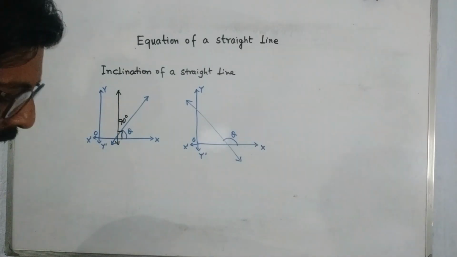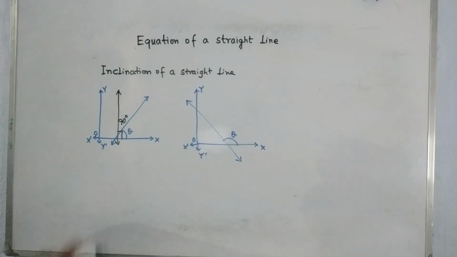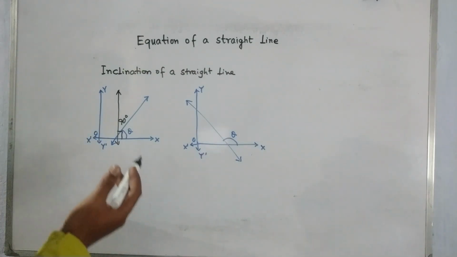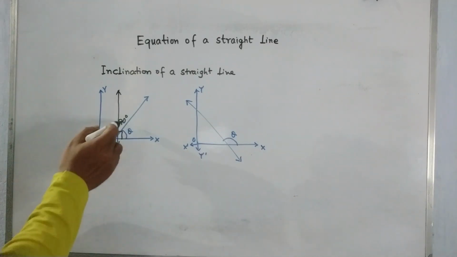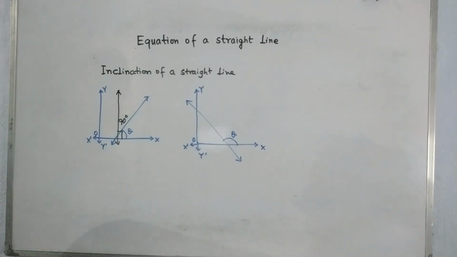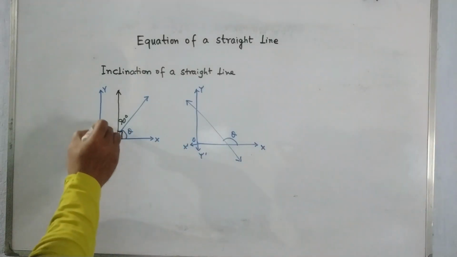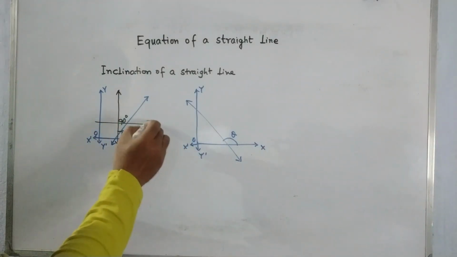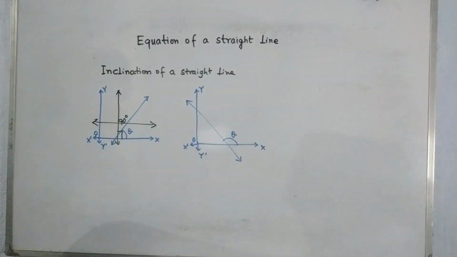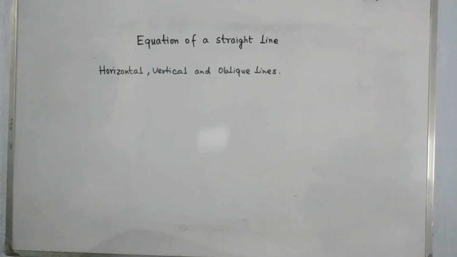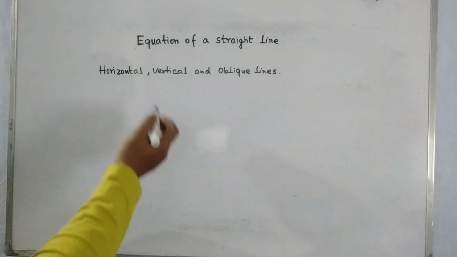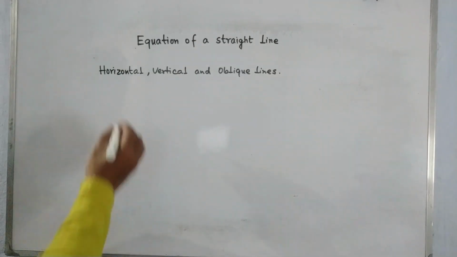So the inclination of a straight line parallel to y-axis is 90 degrees. And the inclination of the straight line which is parallel to x-axis is 0 degrees.